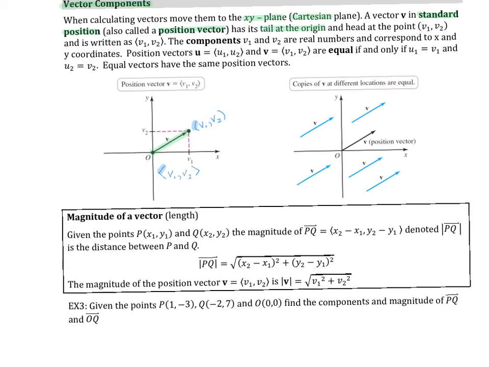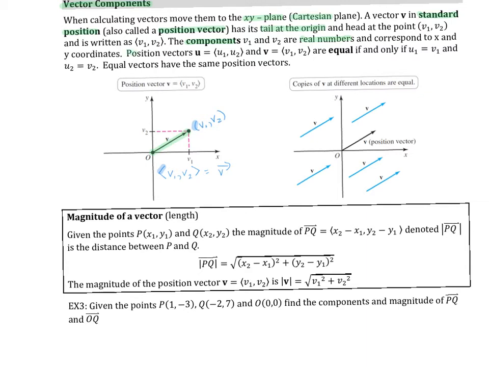And all I need to do to describe this vector, since it's in standard position or it's a position vector, is I just need its head coordinates. Okay? So this would be my vector v. So components would be the v sub 1, v sub 2. They're just our scalars or real numbers, and they correspond to our x and y coordinates.